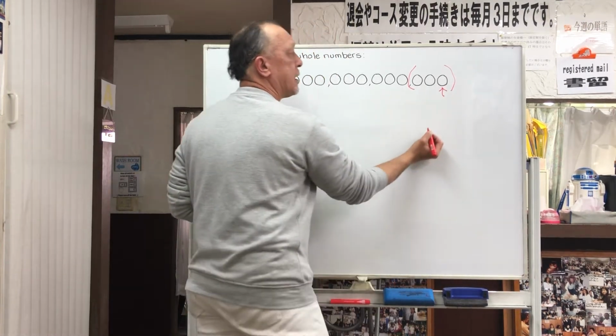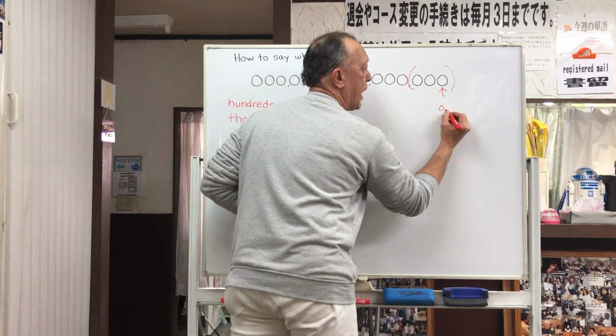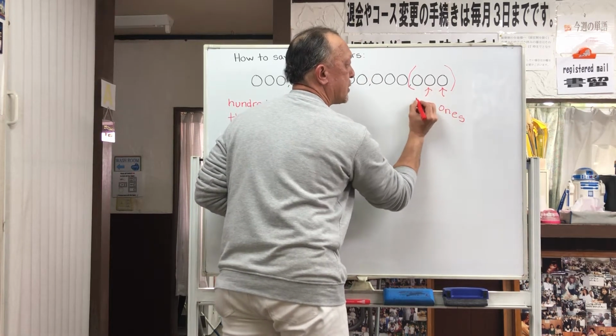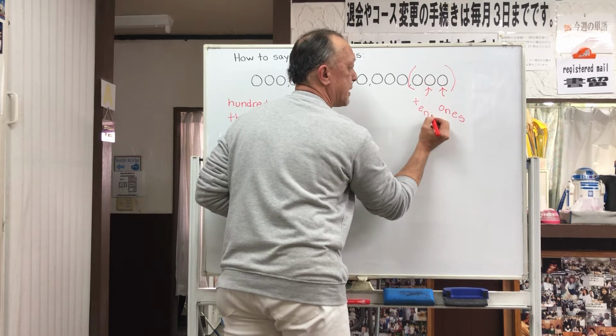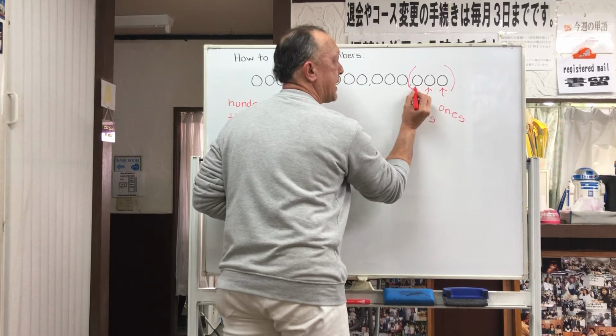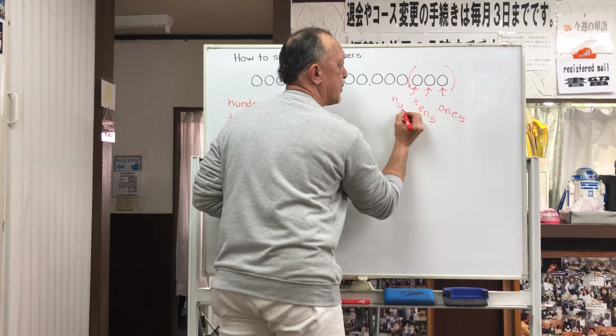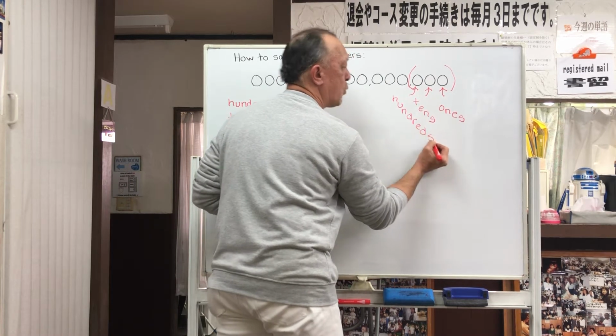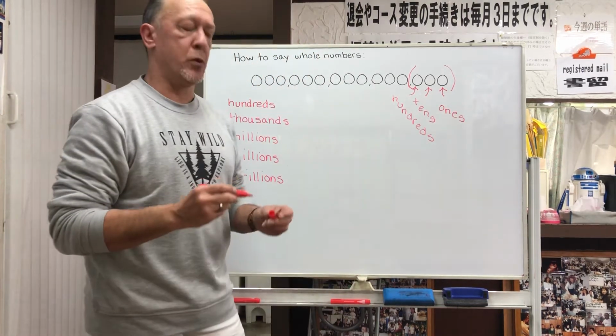This part here, we'll use the word ones. This part here, we'll use the word tens. And our last part here, we'll use the word hundreds. Each of these will represent how to speak a whole number.